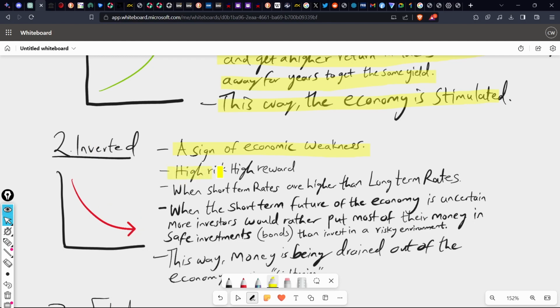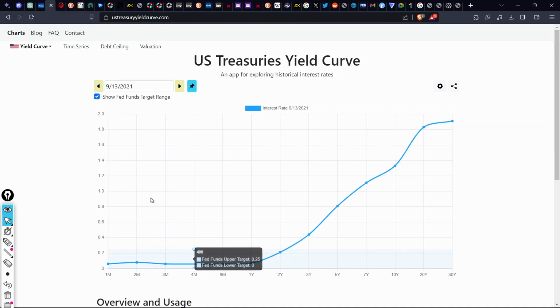Of course, these yield curves follow the principle of high risk, high reward. If there's higher risk, you're going to get higher yield. Putting this into context, if the economy is okay, usually with 30 years, if you are told to predict 30 years into the future, you are very likely to be wrong.